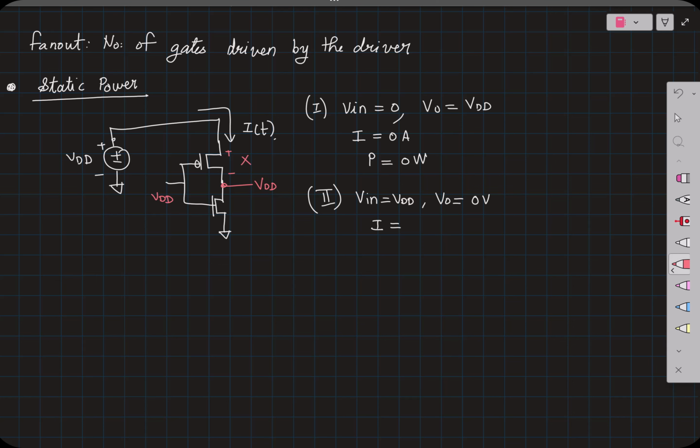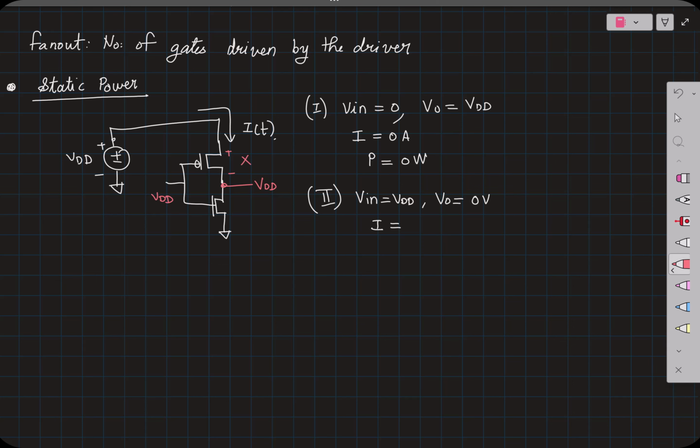Your NMOS transistor is in linear region. No current is flowing like this. Therefore, no current can flow through this also. That is possible because your NMOS transistor is in linear region with VDS equal to 0. So in this condition also, you have 0 amperes being drawn from the supply. Therefore, the static power consumption is again 0 watt.